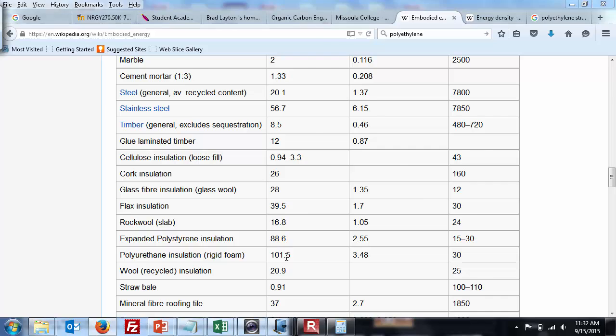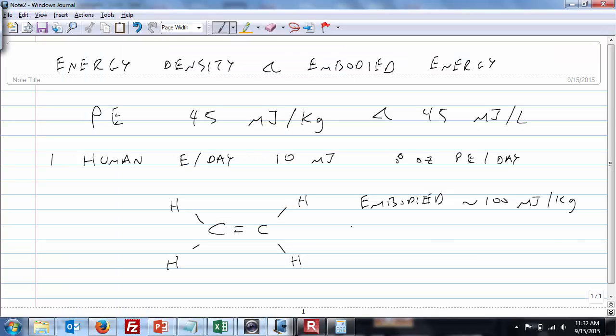I don't see the exact number, but let's work under the assumption that the embodied energy going into polyethylene is at least equal or perhaps double that of its energy density. And it's going to vary. There's no standard process. And you could also imagine from an industry standpoint, you're going to want to minimize that embodied energy as much as possible, right? Because you're going to have to spend money to process the stuff in the first place.